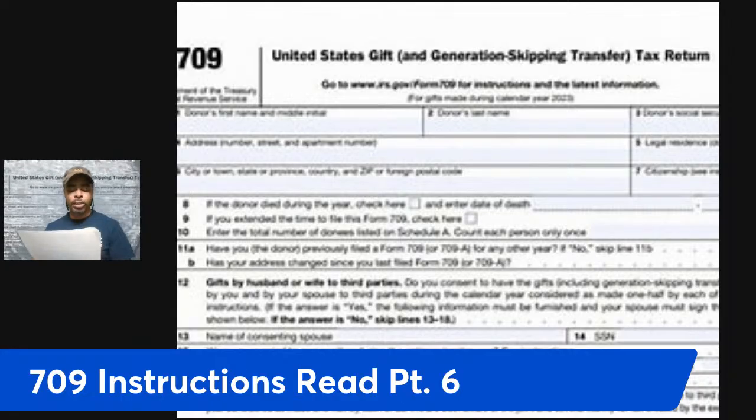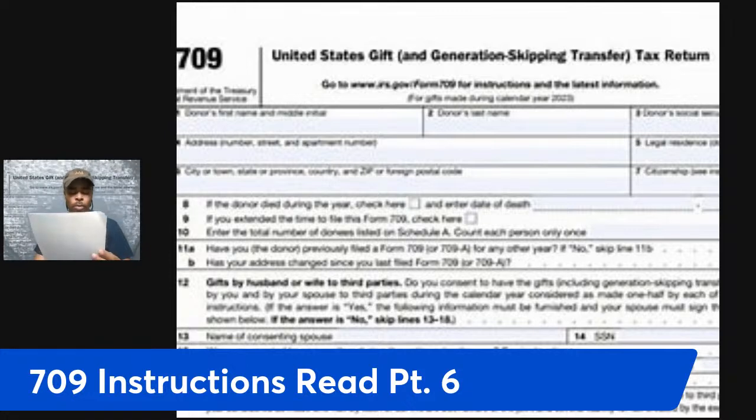The amount of GST exemption allocated to each gift, or a statement that you are allocating exemption by means of a formula such as an amount necessary to produce an inclusion ratio of 0. The inclusion ratio of the trust after allocation. Total the exemption allocations and enter this on line 6.